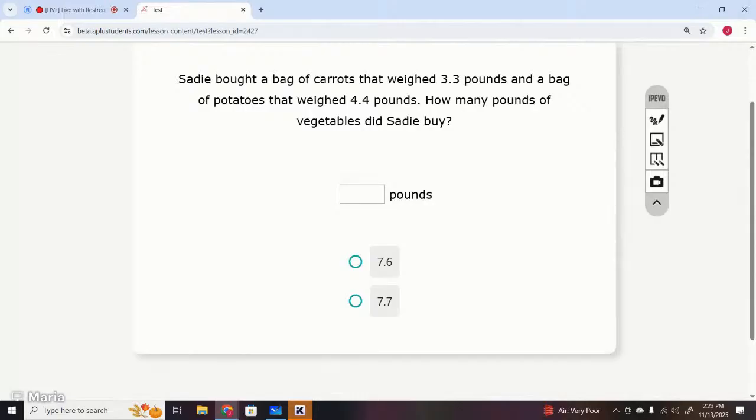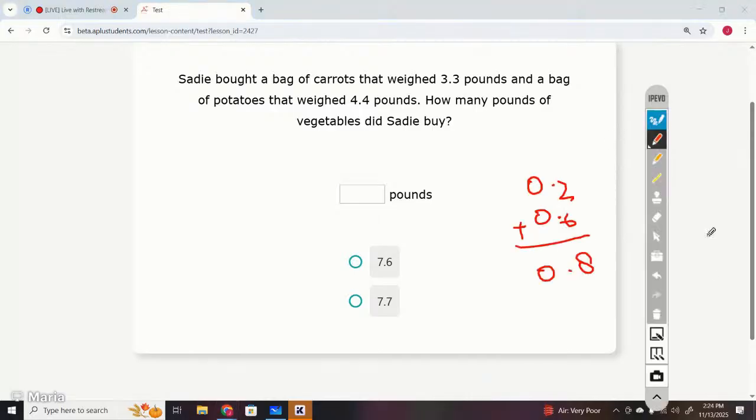Sadie bought a bag of carrots that weighed 3.3 pounds and a bag of potatoes that weighed 4.4 pounds. How many pounds of vegetables did Sadie buy? Let's just add 3.3 plus 4.4. 4 plus 3 is 7 and 4 plus 3 is 7.